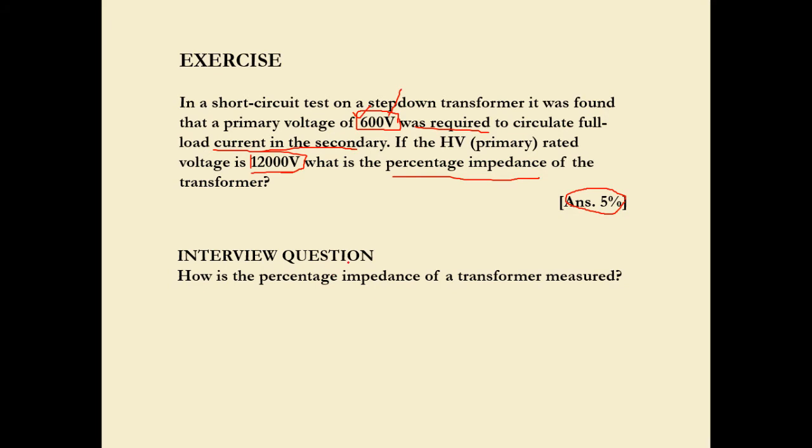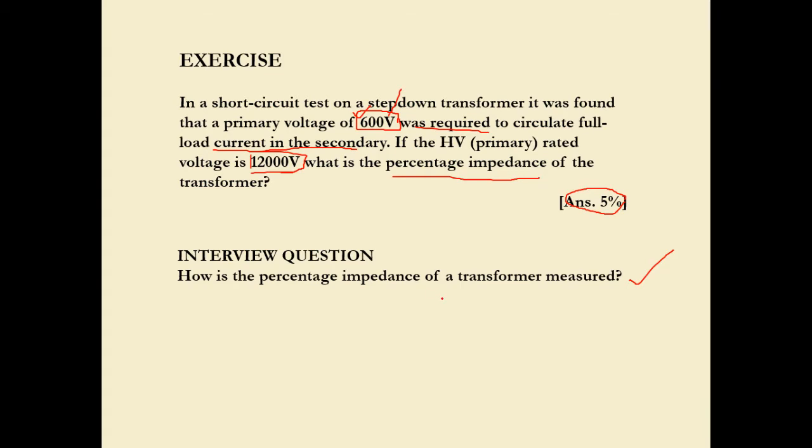Here are some tips for a job seeking interview, for example. If you were to be employed by a transformer company, they may ask you this basic question: how is the percentage impedance of a transformer measured?